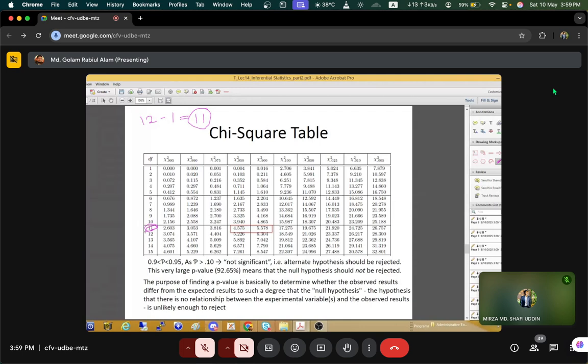We can see that the exact value of 5.09 is not here, so we can find the range.